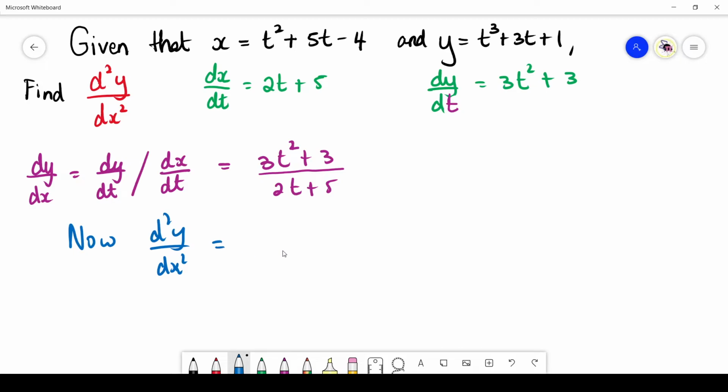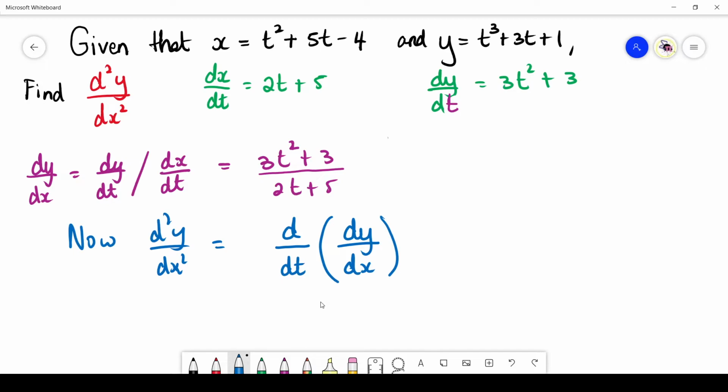So essentially, what we have found over here is dy/dx. And usually, after we find dy/dx, what we do is differentiate that with respect to x a second time. But in this case, you can observe that all the variables present on our right-hand side are actually t. So if we were to differentiate dy/dx, it would actually be with respect to t.